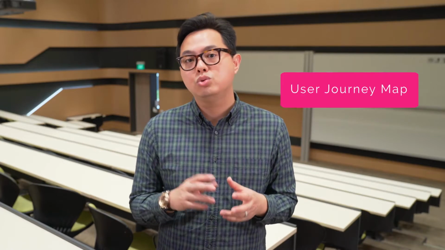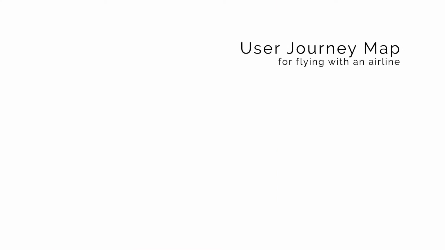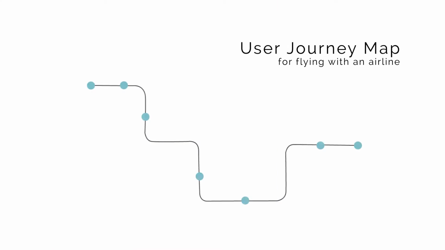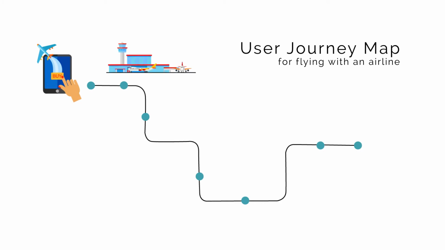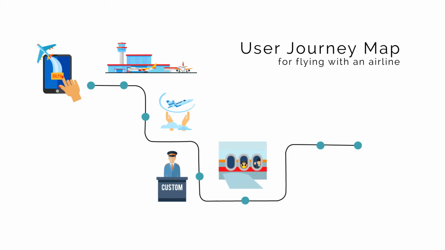The next tool is a user journey map. The user journey map is similar to the empathy map in terms of understanding a user's journey and includes some of the experiences as well, but it's really looking at a journey that a person might go through. For example, if you're looking at buying tickets or flying with an airline, there are many different touch points that you will go through while on that journey, whether it's buying tickets online, going to the airport, buying insurance, checking in, going on the flight, having your meal, leaving the flight.